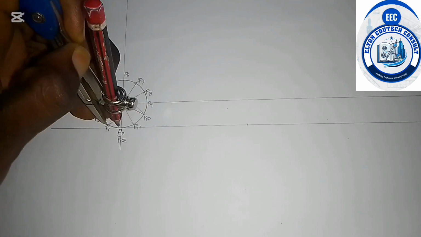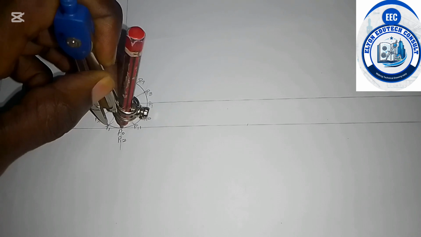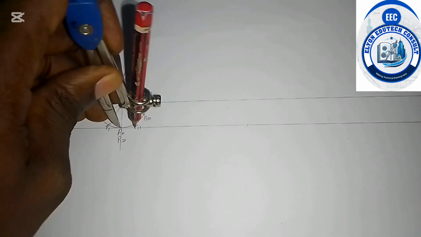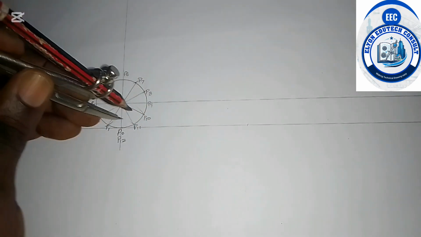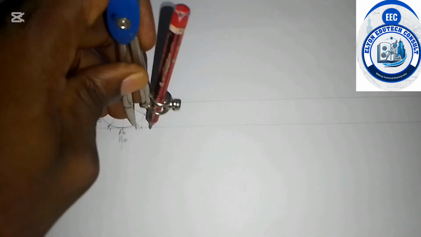Okay, so the next thing I'm going to do now, I'm going to pick the division on the circumference of the circle. I will needle on point P and spread out this way 12 times, because it's going to roll for one complete revolution.